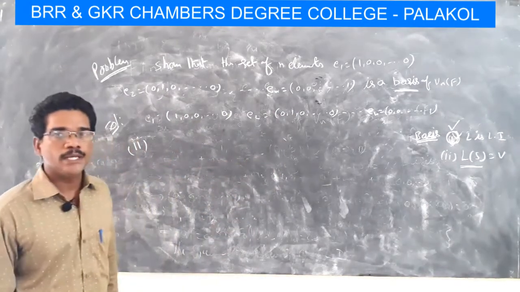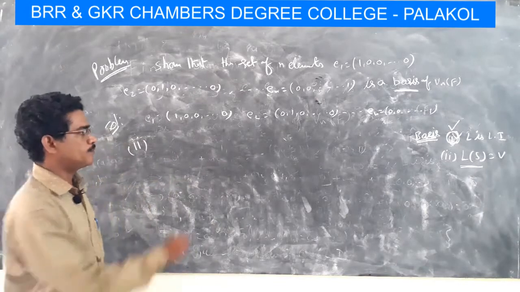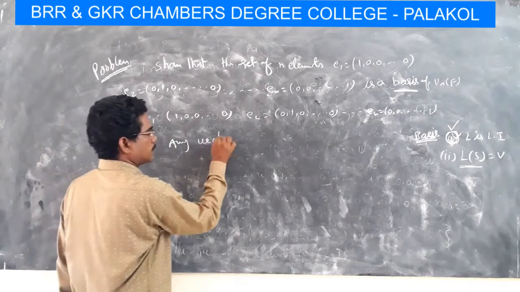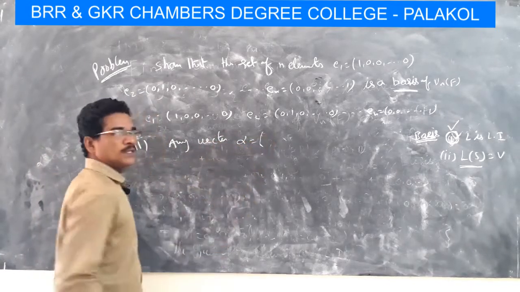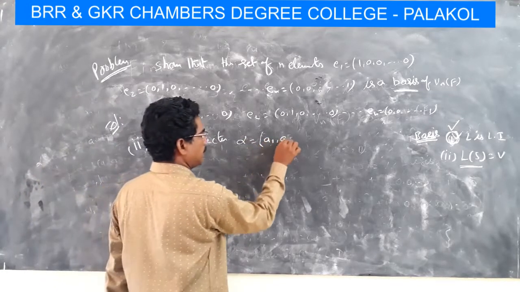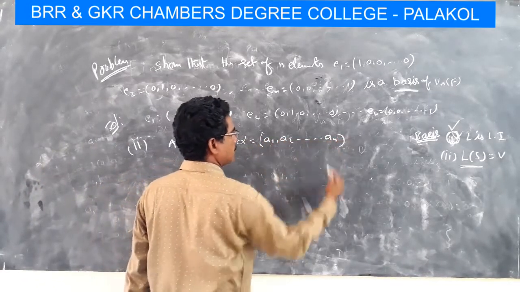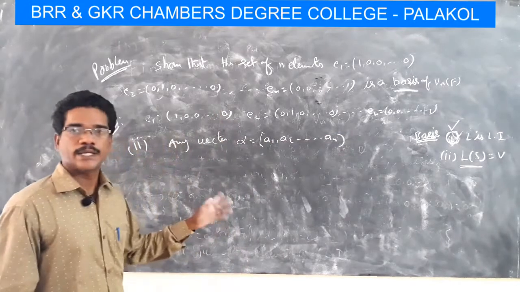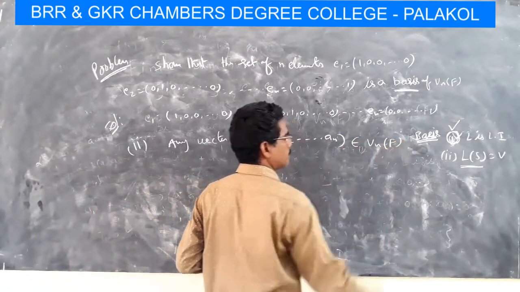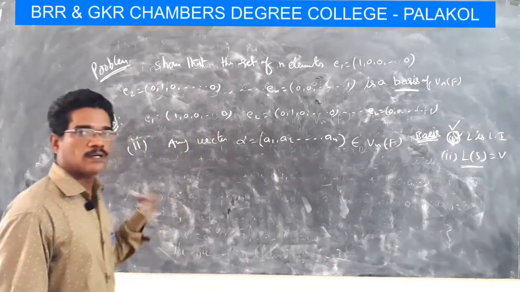Suppose any vector alpha equals a1, a2, and so on an, which belongs to Vn of f.